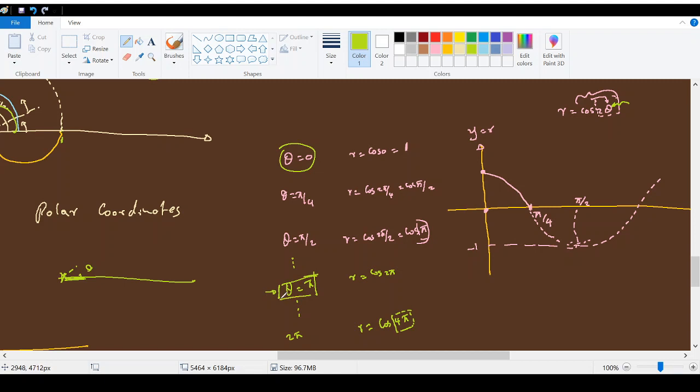We are not going to stop at this point. We have to evaluate all the values until we reach theta equals 2 pi, right? Then accordingly we will be doing the calculation inside, right?